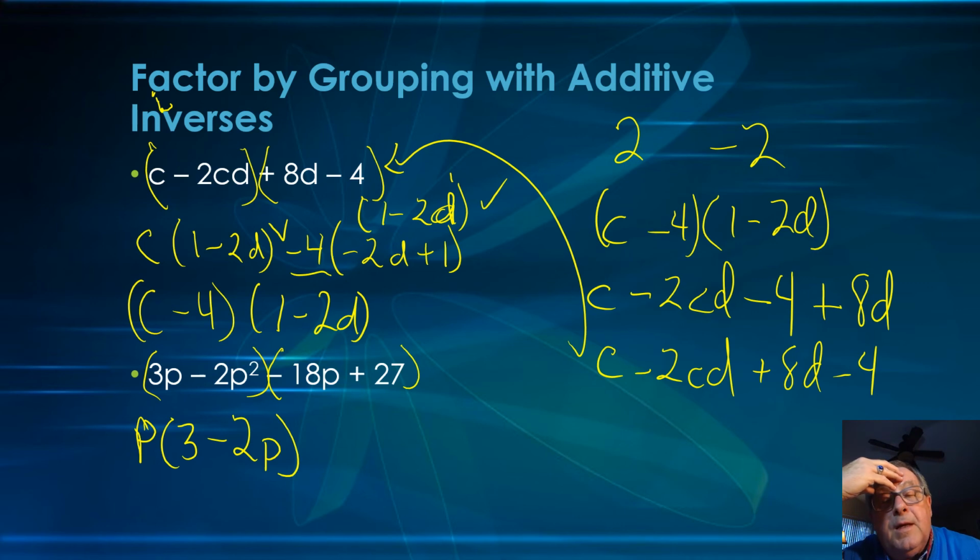p divided into p squared gives us p. Now I'm looking at this second grouping, -18p plus 27.